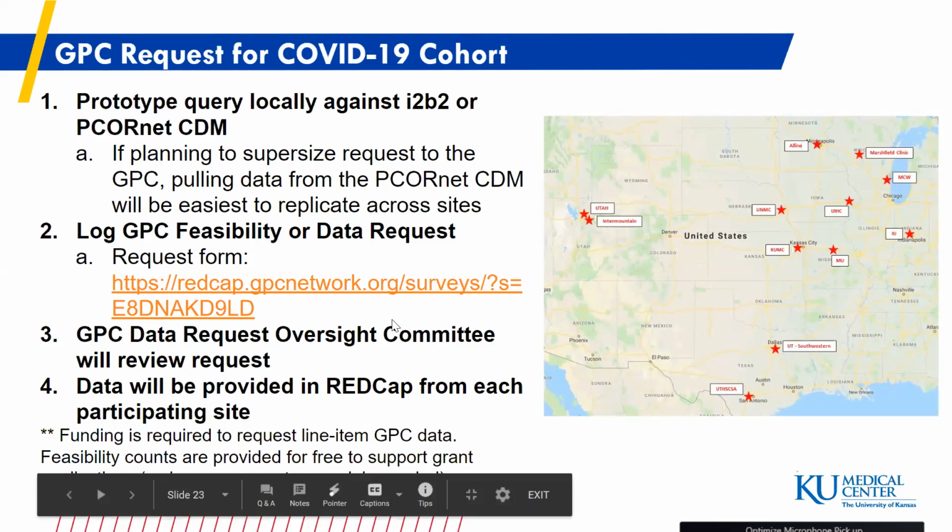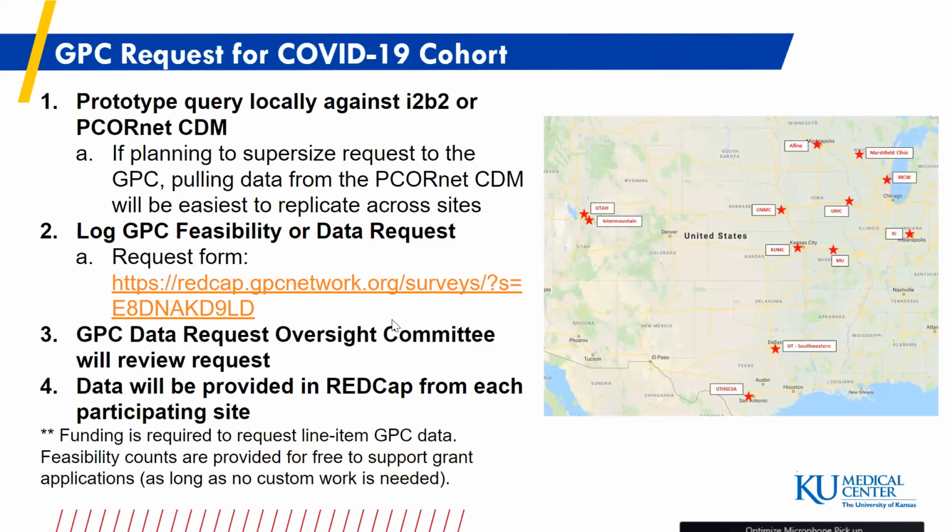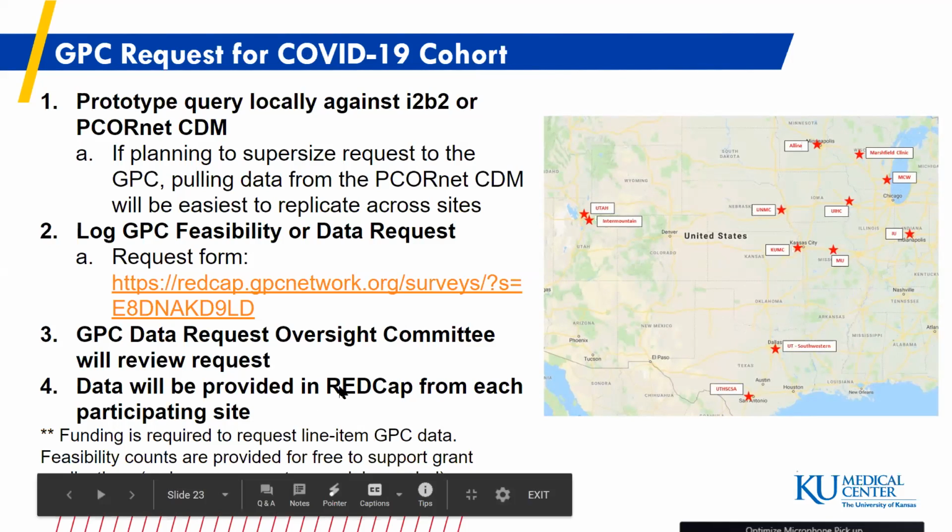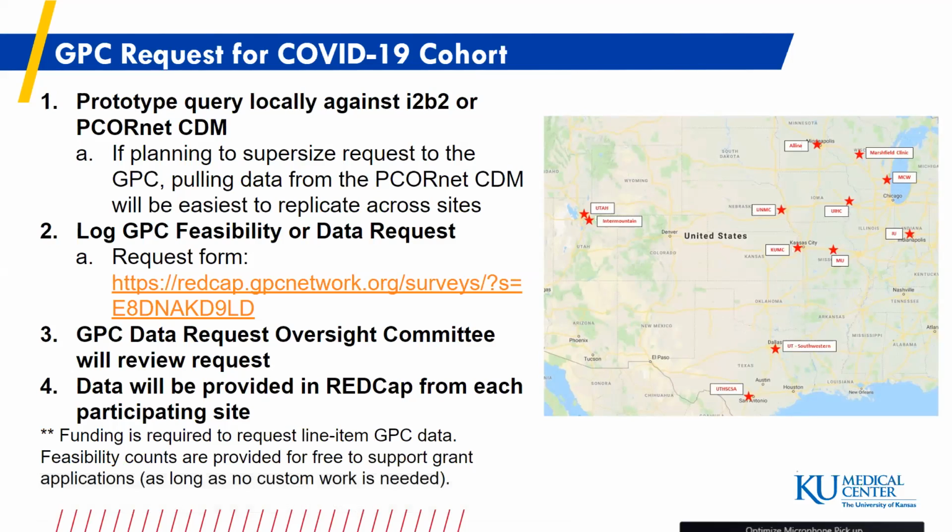And after this request has been approved, we will send out your query to the targeted GPC sites, and they will collect the data and provide the data back in REDCap. As a quick note here, funding is required to request line items from GPC sites, but if you're only doing feasibility counts, we don't charge additional for that.